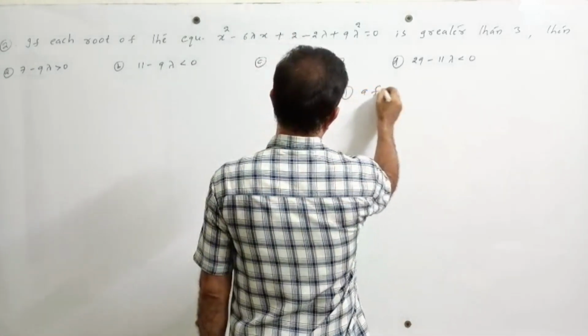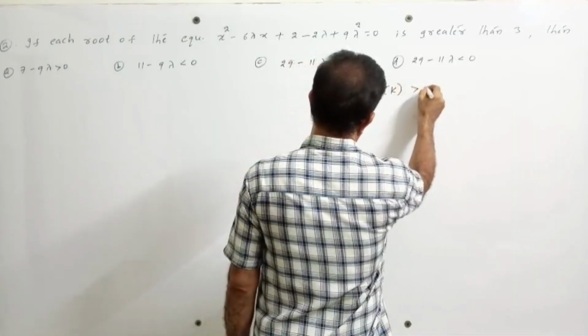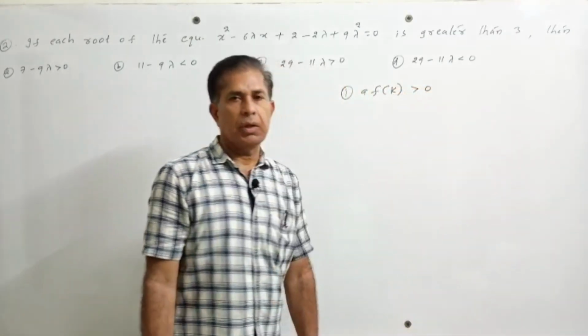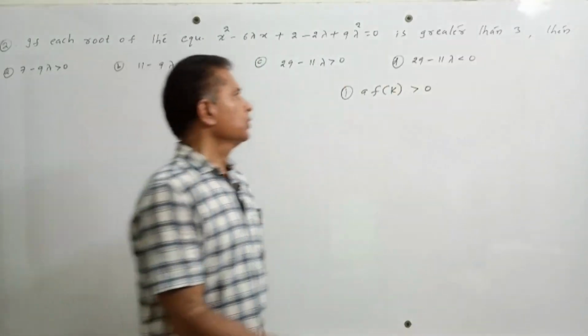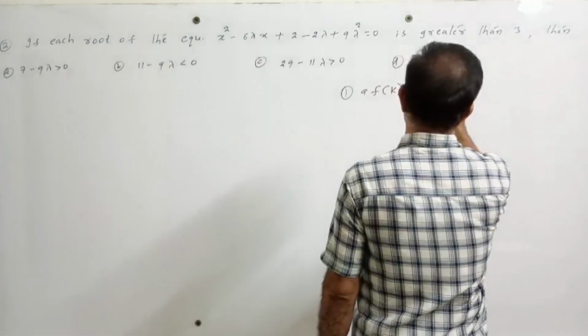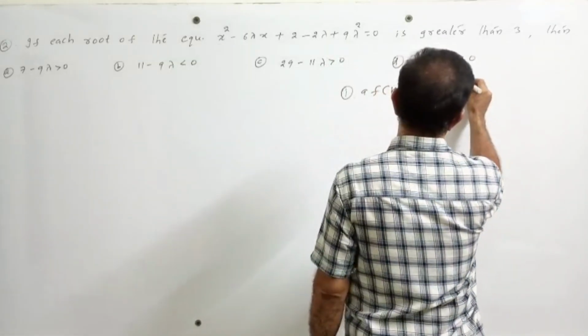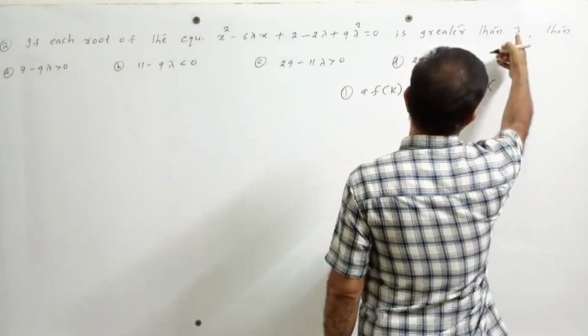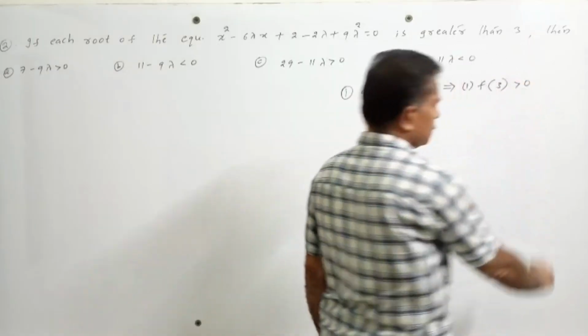For both the roots of the quadratic equation greater than 3, first condition, a into f of k must be greater than 0. So there a represents the coefficient of x square, that is 1. f of k, representing 3, must be greater than 0.